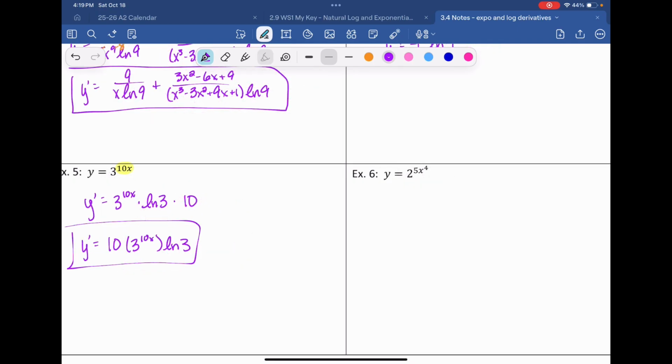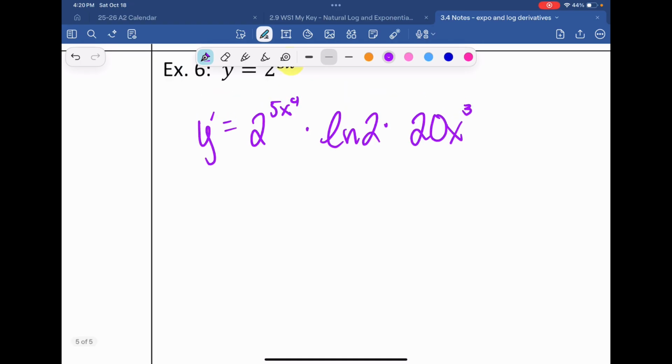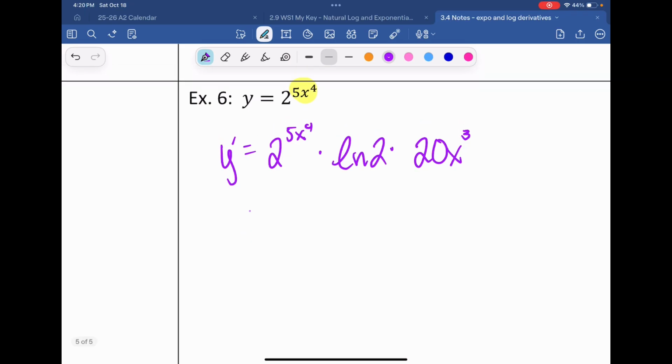All right, last one on the notes. Exponent. So y prime, a to the f of x times the ln of a times the derivative of the exponent. I don't know that I would simplify that very much further than that, to be honest.